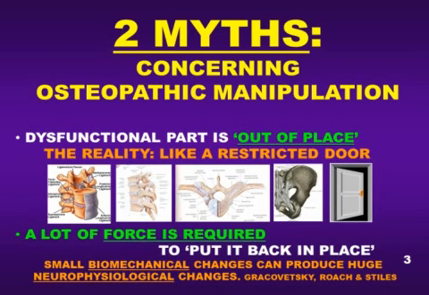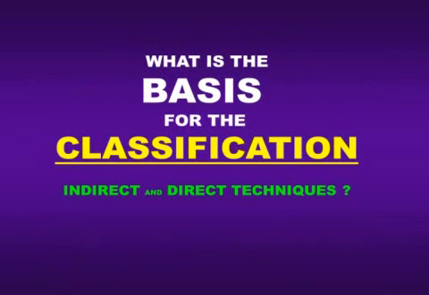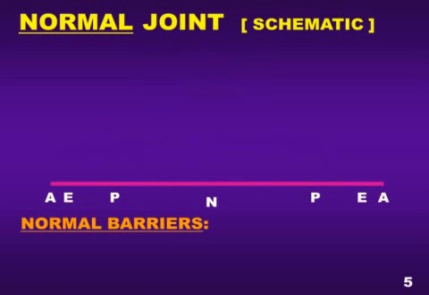We were able to demonstrate that small mechanical changes can produce huge neurophysiological changes. And this is where we're going with functional OMT. We're just making minute changes, but what we're doing is trying to reestablish normal mechanics so the door can appropriately open and close. Now, what's the basis of the classification of direct and indirect techniques?